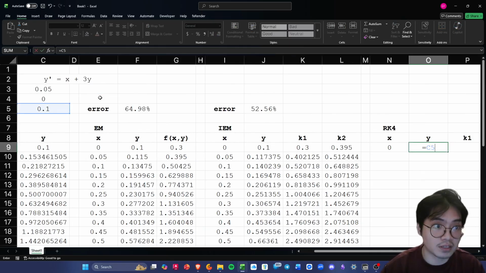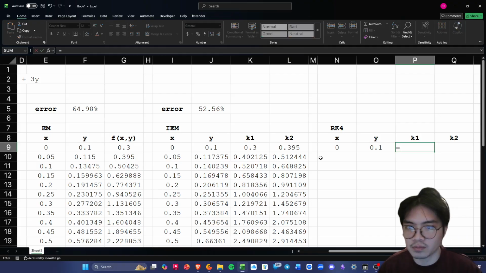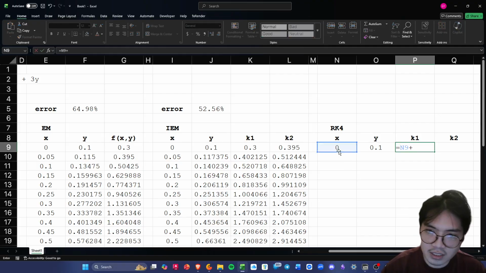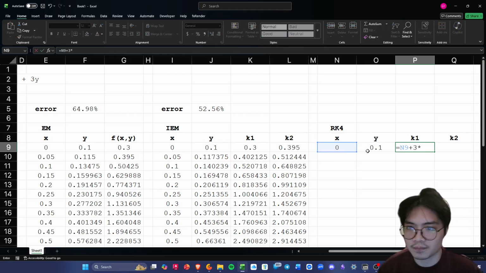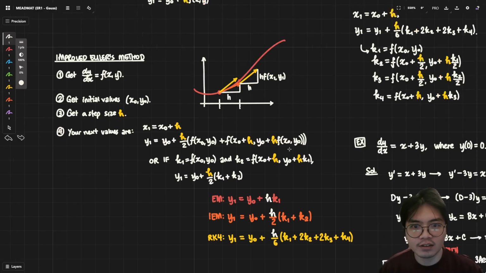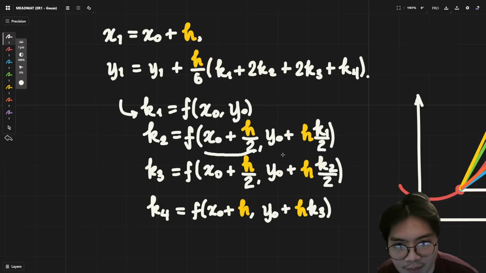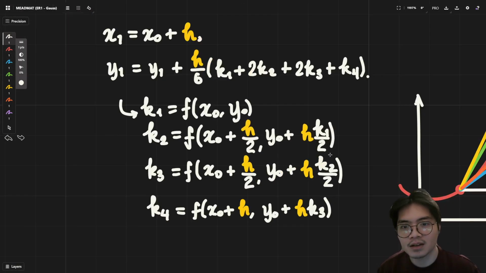Your Y should be C5. Your K1 is going to be the original one, X plus 3 times Y. And then for your K2, you will start taking half steps now. Here, you will half step, and then you will half step as well.